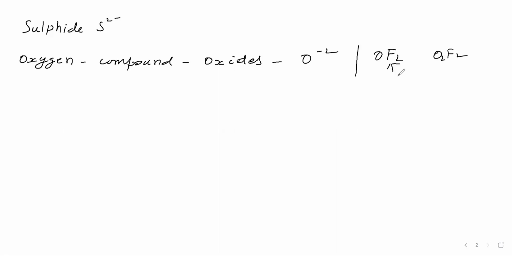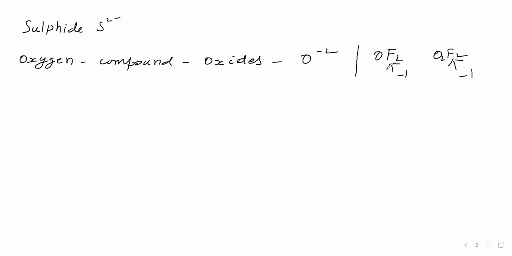Here fluorine has the negative oxidation number -1, and oxygen does not have a negative oxidation number. So this is an exception. Generally, oxygen present in a compound is given -2.